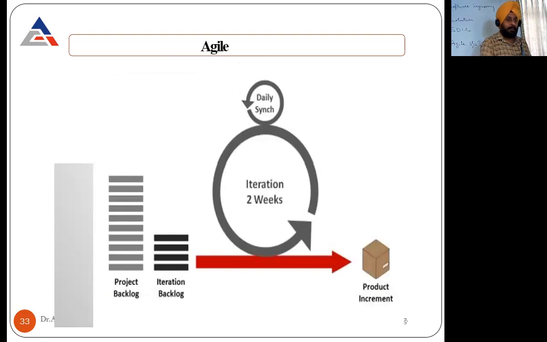So just see the overall picture of agile software development. There is a project backlog, iteration backlog, and increments with very fast iterations. Daily synchronization is done with your people in the market and your developers, and they keep on changing, and they increment the product and make new releases of your product very frequently.